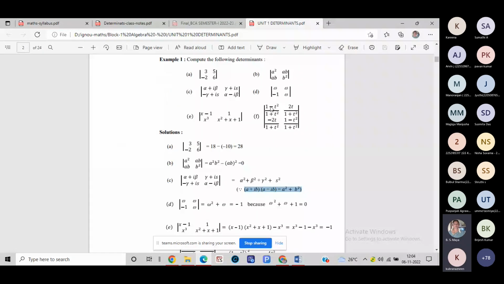1 minus t whole square divided by 1 plus t whole square.